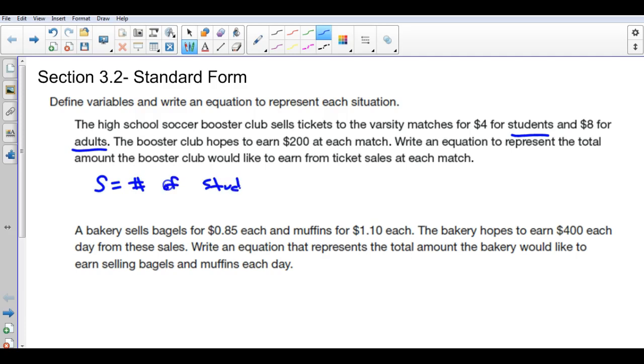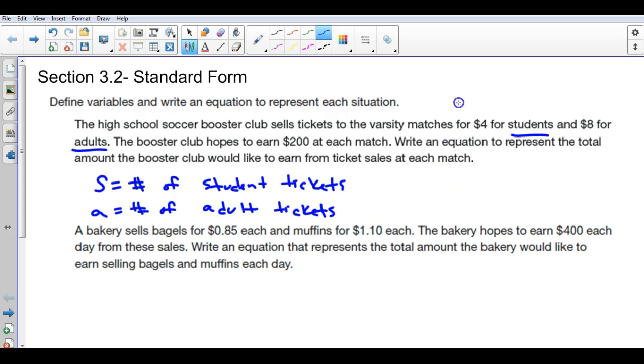So it's not the price of the student tickets, it's the number of student tickets. And then I'm going to let A represent the number of adult tickets. Because the price is constant. It's $4 for students, $8 for adults. So there's a lot of different combinations.